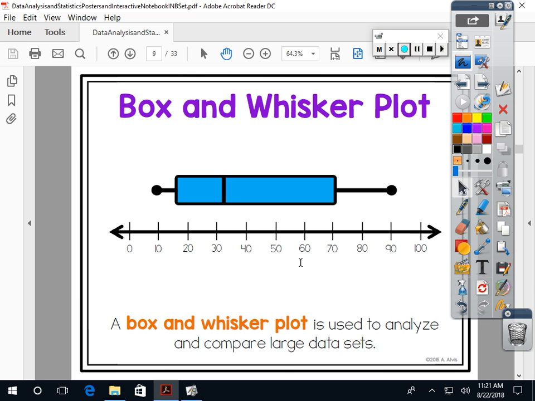This one will be glued down to page 15. Okay, and then after you've glued it down, now we're going to start that last foldable, patterns in data.